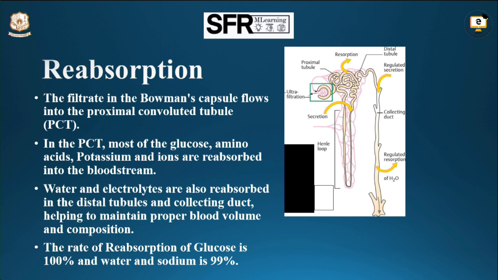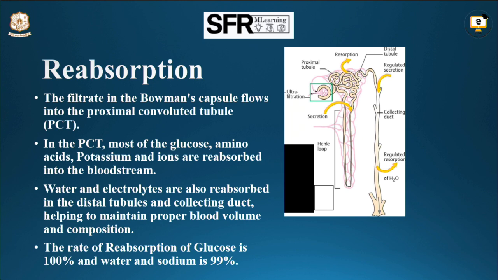It helps in maintaining the blood volume and composition. The pH of the blood is maintained with this mechanism. 100% of glucose is reabsorbed in the renal tubules, and sodium and water are 99% reabsorbed.